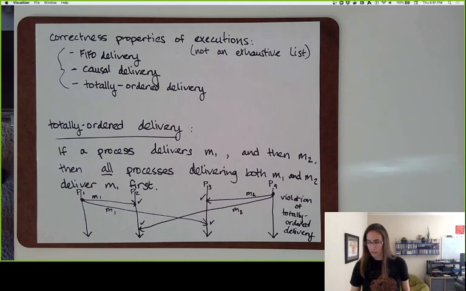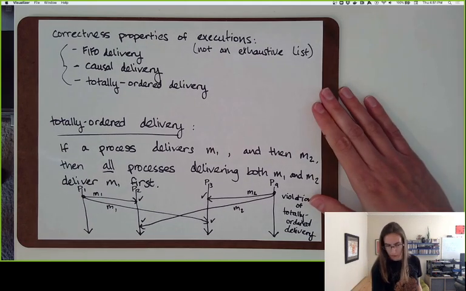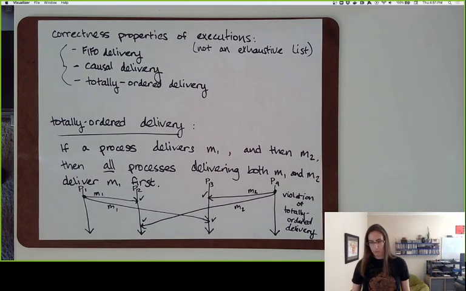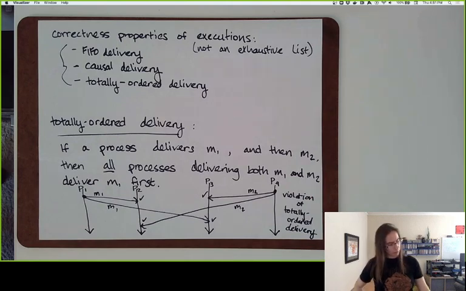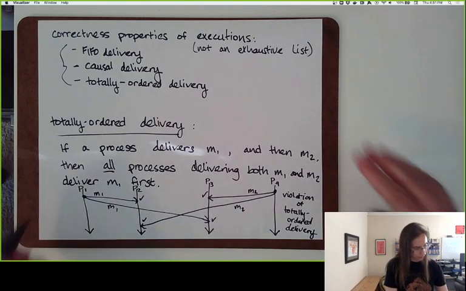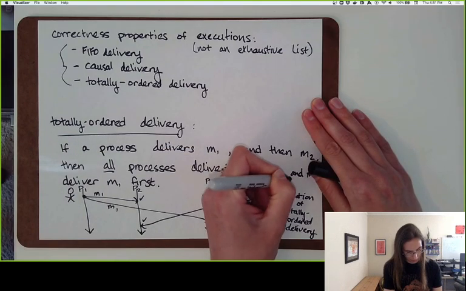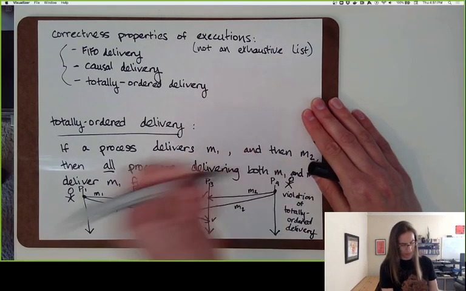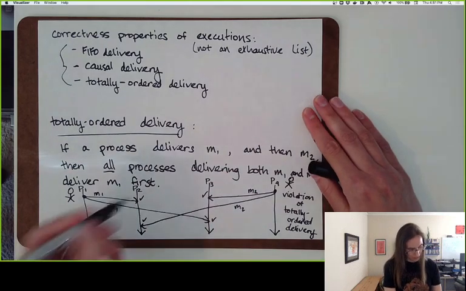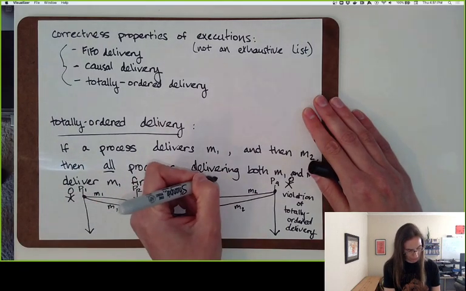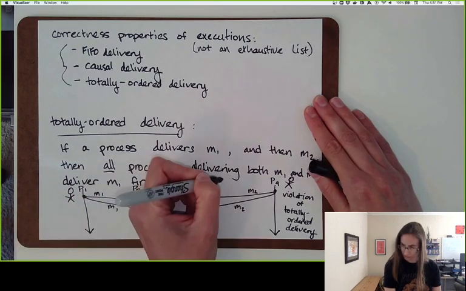When would this come up in real life? Well, I'll give you a brief example. So what if P1 and P4 are clients that are interacting with a database? Let's say it's a key value store, and there's 2 replicas of this key value store.